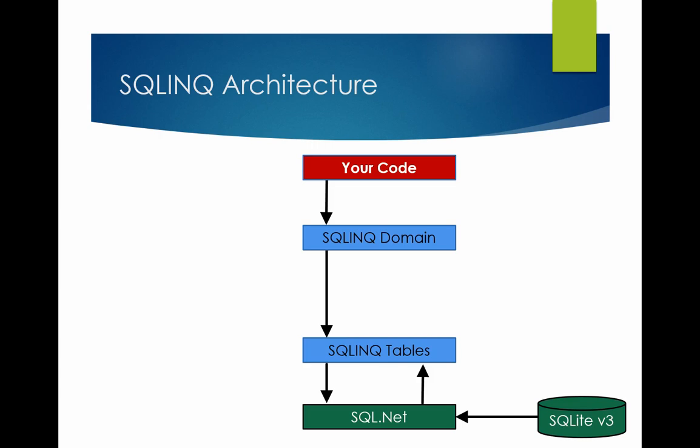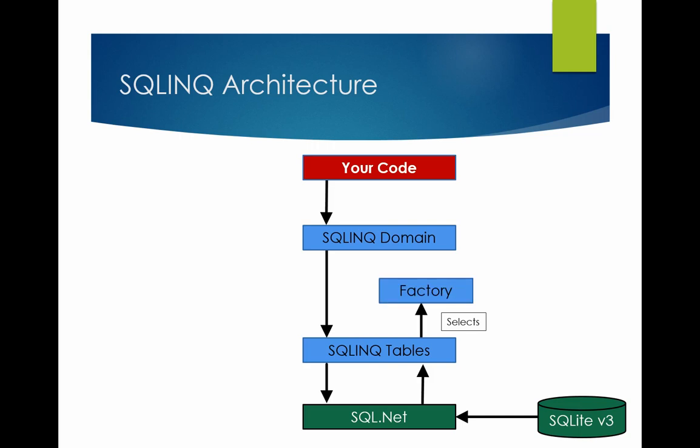Now, depending on what you were doing with your domain, if it's like an insert, update, or delete, the table will return directly to the domain without any extra functionality, and that will then go back to your code. If you're doing a select statement, the select statement goes into a factory.